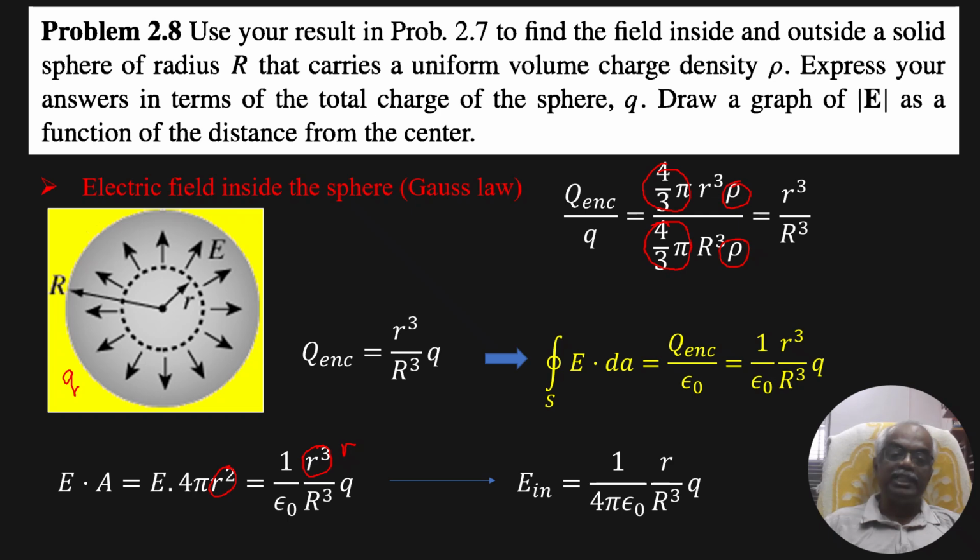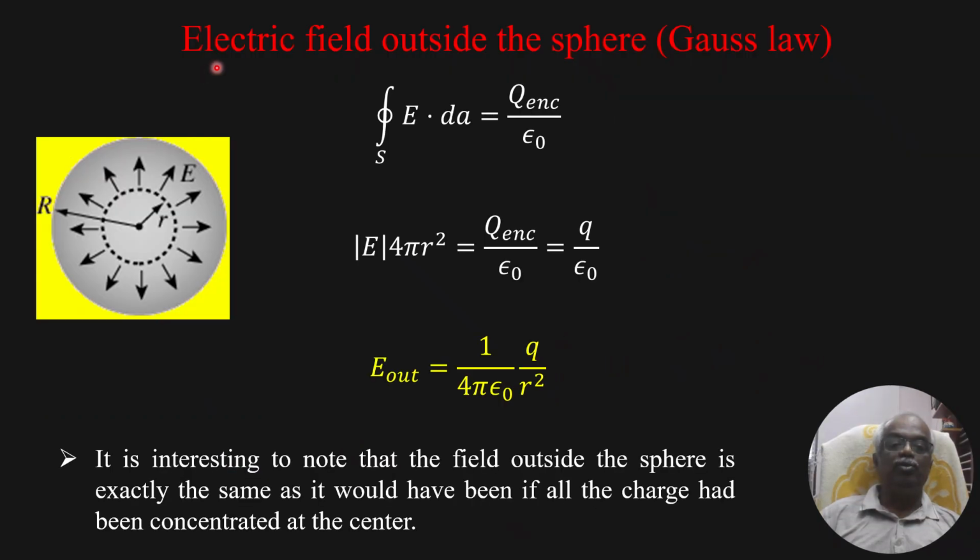Now we will see the electric field outside the sphere. Here also we are going to use Gauss's law. Let us say there is a point at small r, which is outside the sphere.